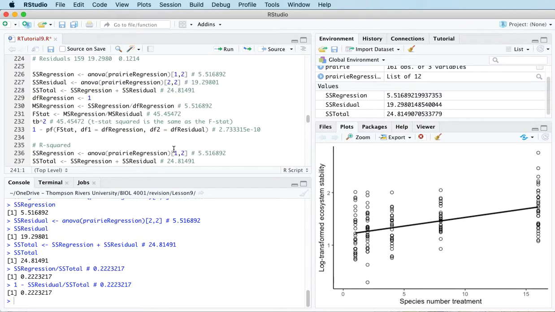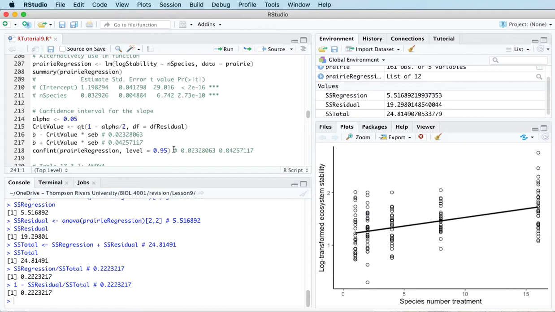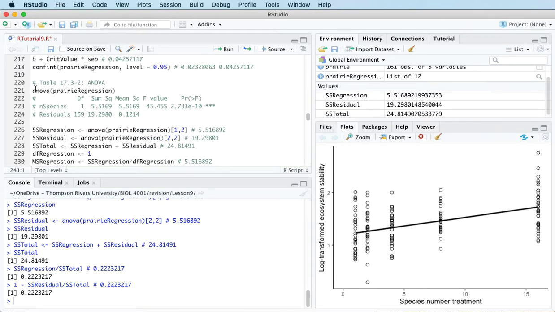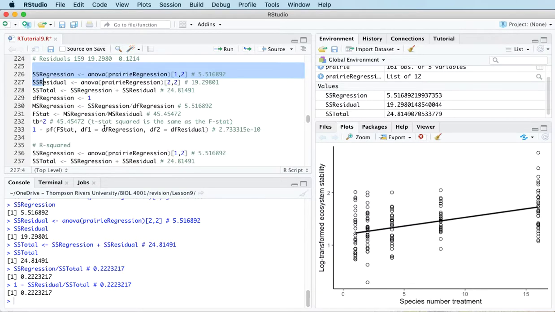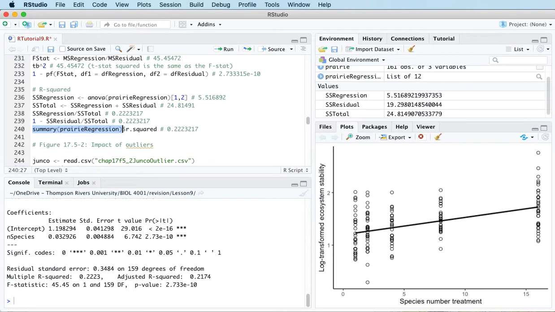So often, instead of having to do all those calculations, so having to figure out the analysis of variance table and then calculating r squared by hand, if instead we look at the summary, you can see that r squared is given here.